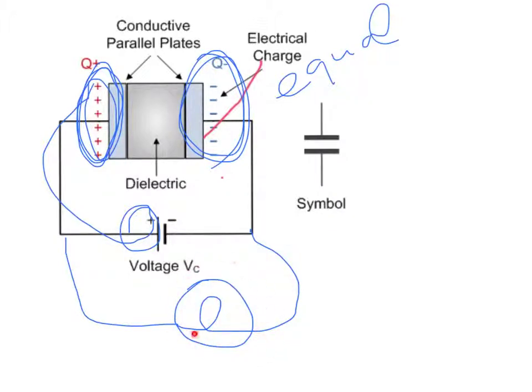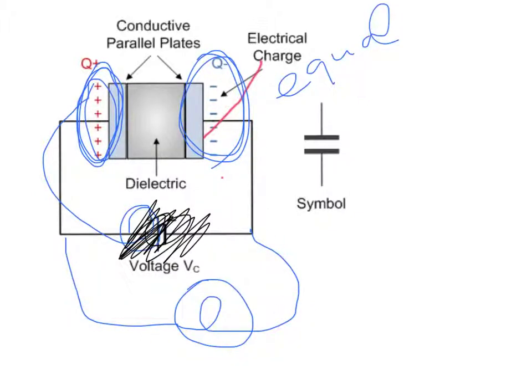Now, one of the biggest uses of capacitors is a backup power supply. Because now, let's say, for example, that this battery gets wiped out for some reason. Now what's going to happen is electrons are going to come racing down through this, and the light bulb is still going to work, at least for a short period of time.